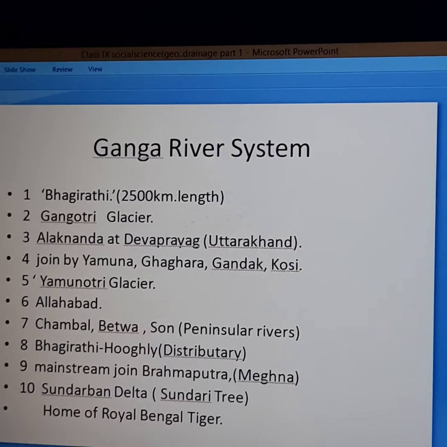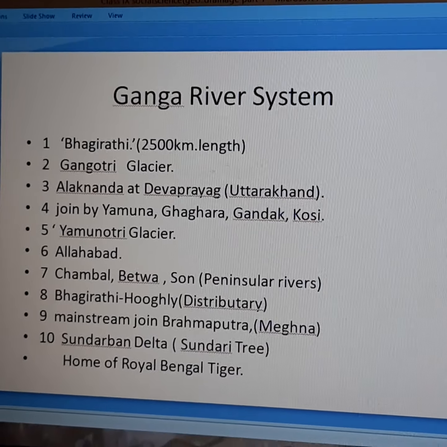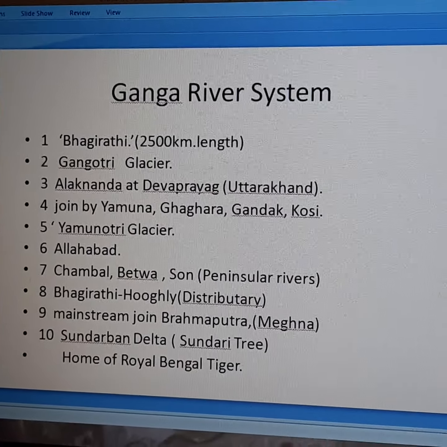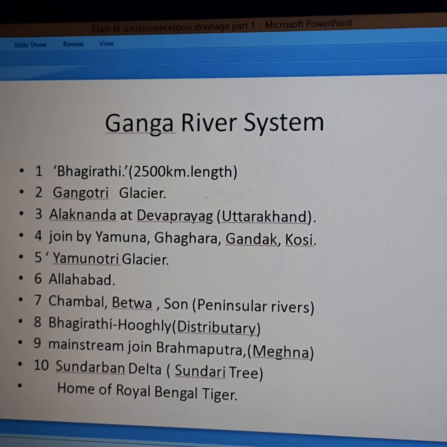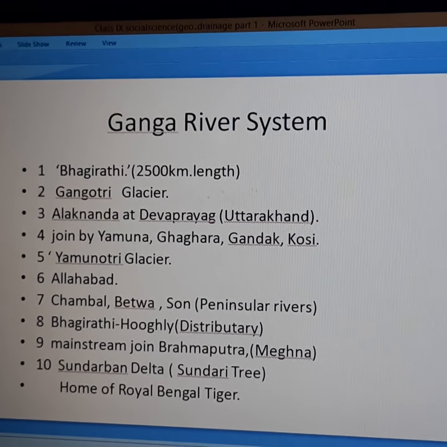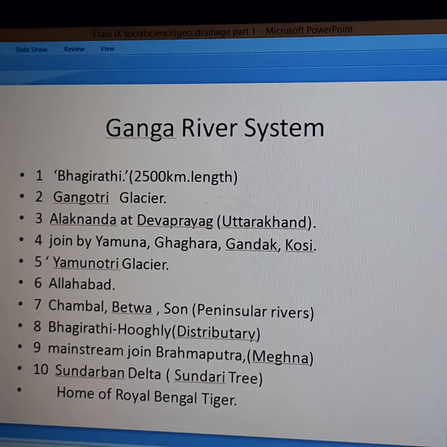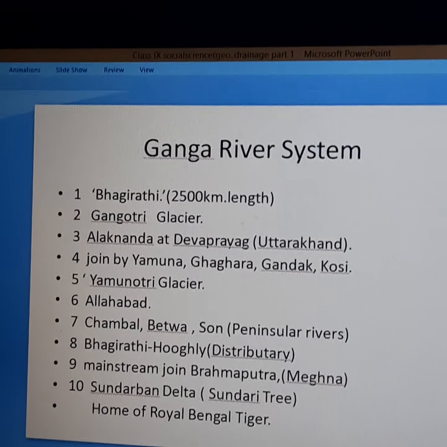The Ganga is also joined by the peninsular rivers like the Chambal, Betwa, and the Son. These rivers rise from semi-arid areas, so they do not carry much water, but they join the river Ganga.